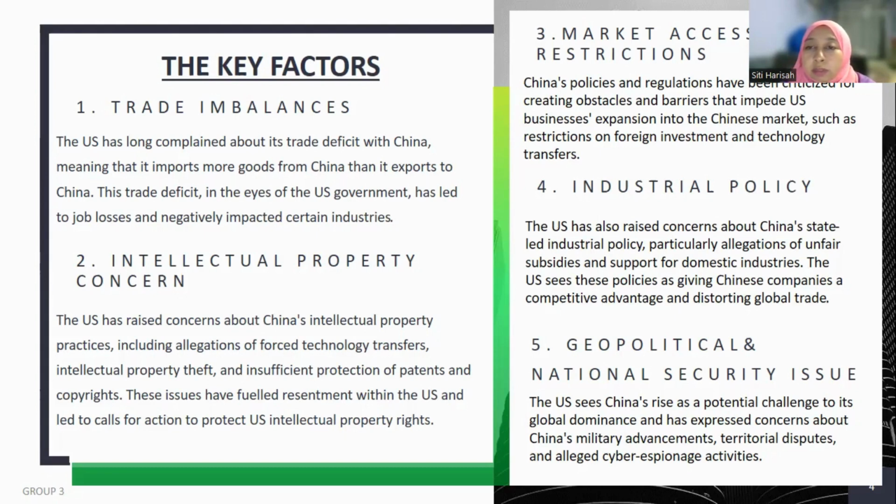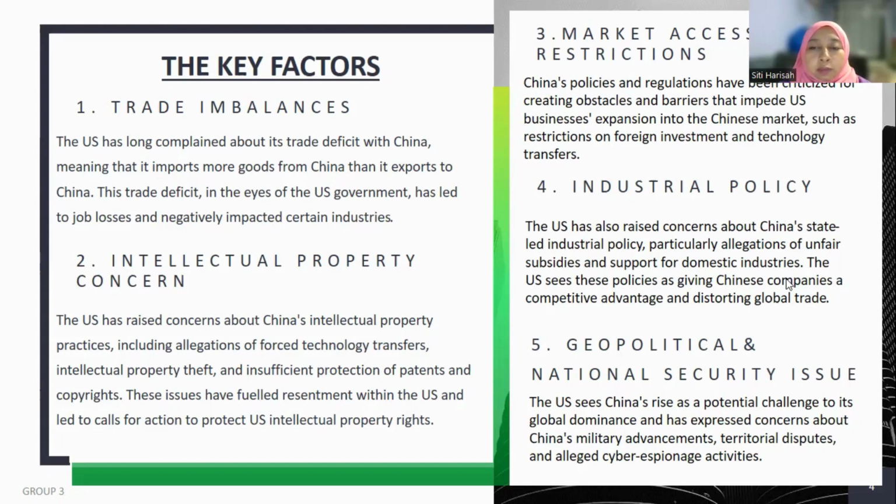The US also raised concerns about China's industrial policy, particularly unfair subsidies and support for domestic industries. The US sees these policies as giving Chinese companies a competitive advantage and distorting global trade.